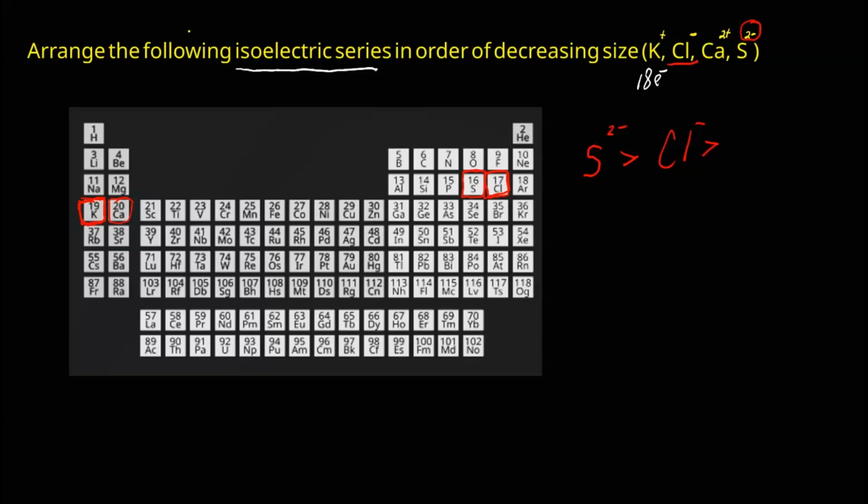All right. Potassium would be next in line, and the smallest of all of these then will be calcium 2+. This lost 2 electrons. So remember, the more positive it is, the smaller it becomes. The more negative, the larger it is.